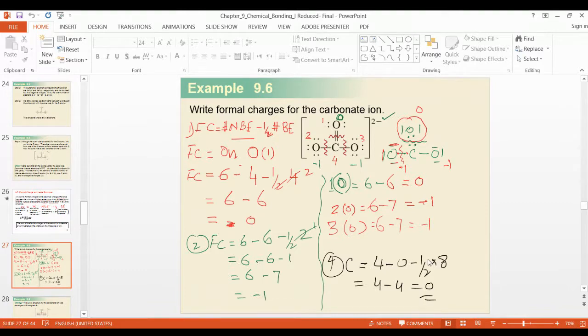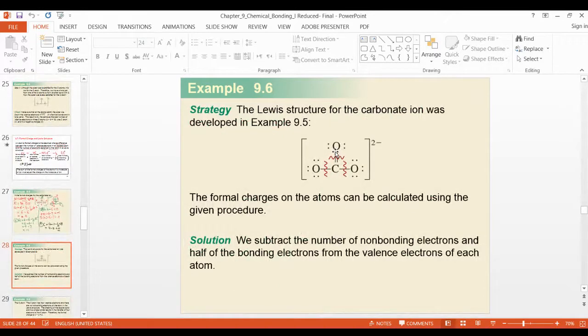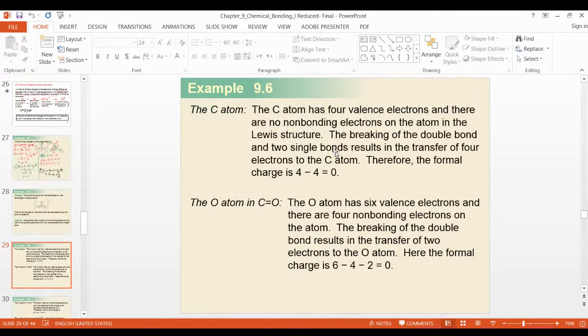So half of 8 bonding electrons is 4. So 4 minus 4 becomes 0, so carbon has 0 formal charge. Any question now? No, teacher.